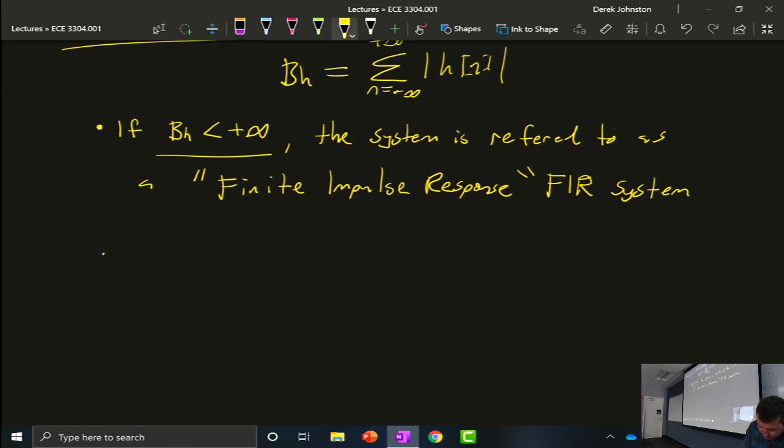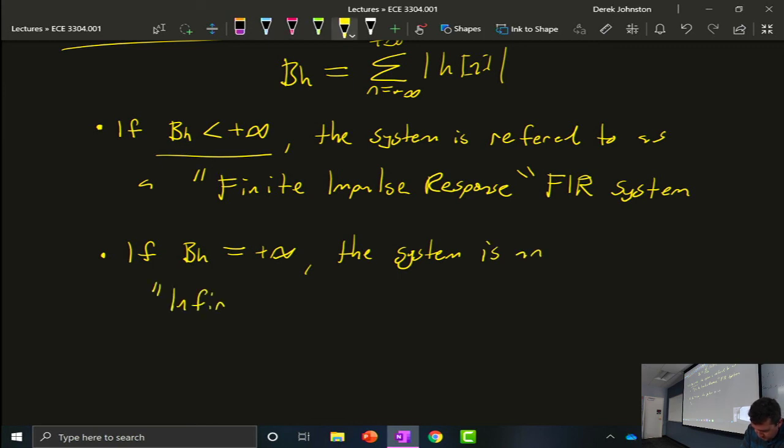And likewise, if B of H is equal to positive infinity, then the system is an infinite impulse response, or IIR system.